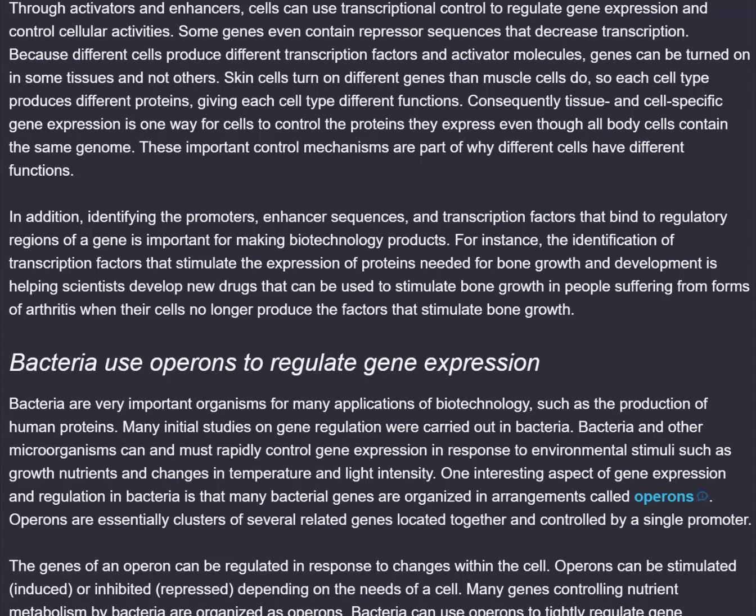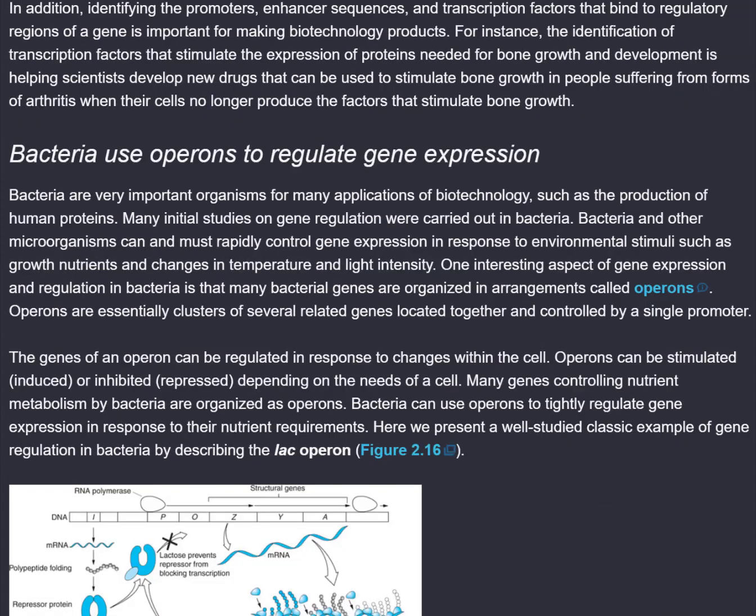Skin cells turn on different genes than muscle cells do, so each cell type produces different proteins, giving each cell type different functions. Consequently, tissue and cell-specific gene expression is one way for cells to control the proteins they express even though all body cells contain the same genome.